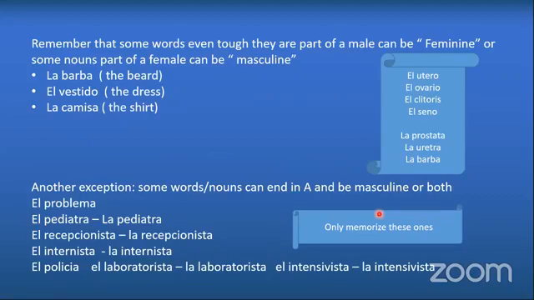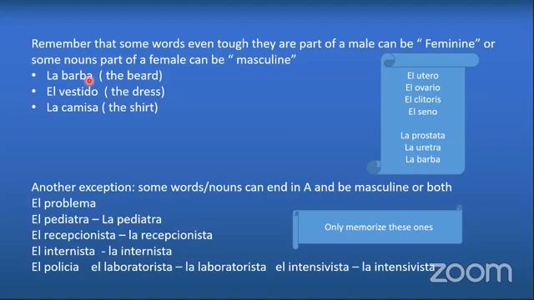Remember that some words, even though they are part of a male, can be grammatically feminine, or some parts that are part of a female person or animal can be grammatically masculine. Let's take a look here. We are talking here about la barba, those nice hairs that the guys have on top of the chin. La barba, right?